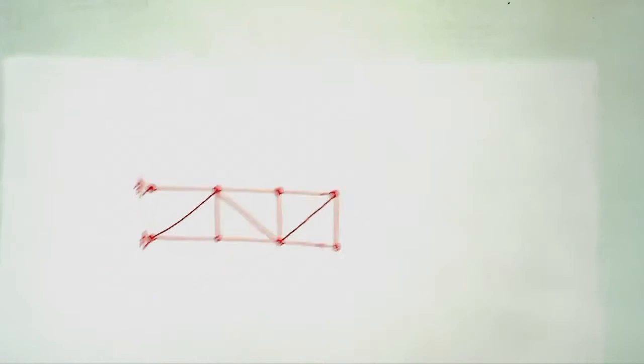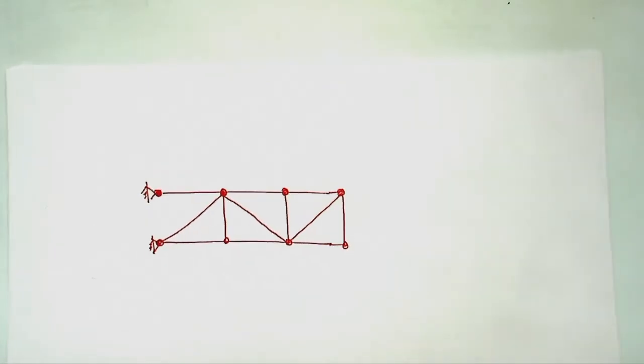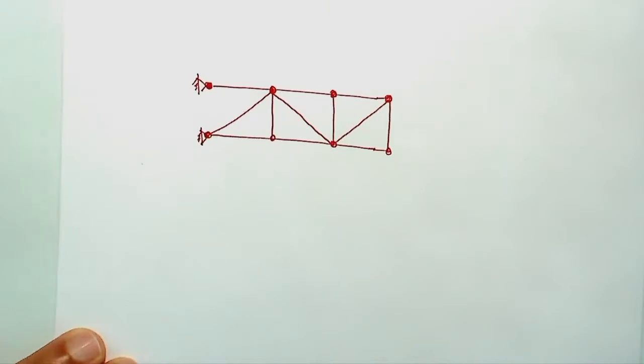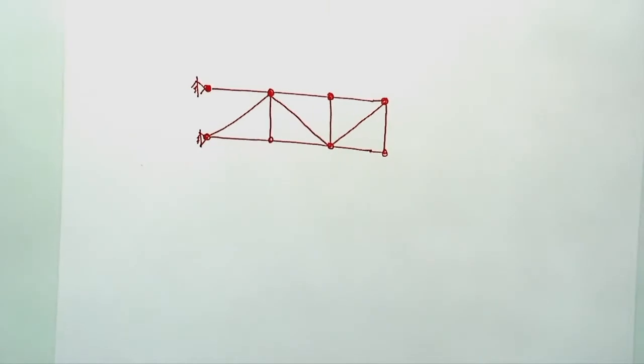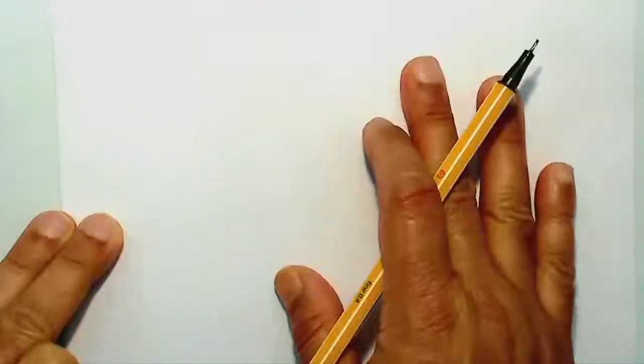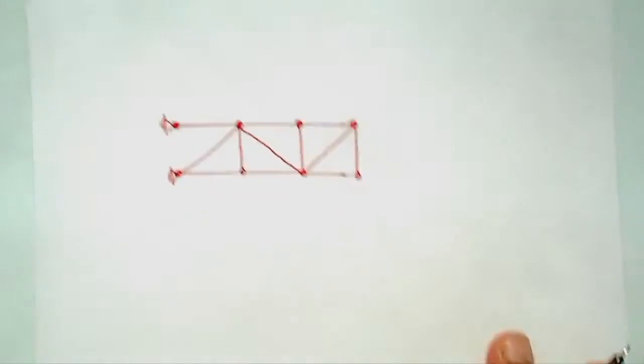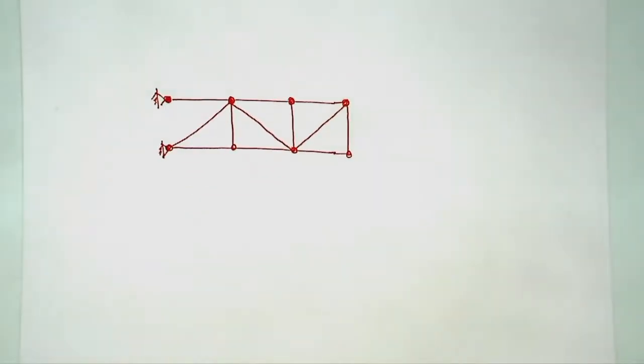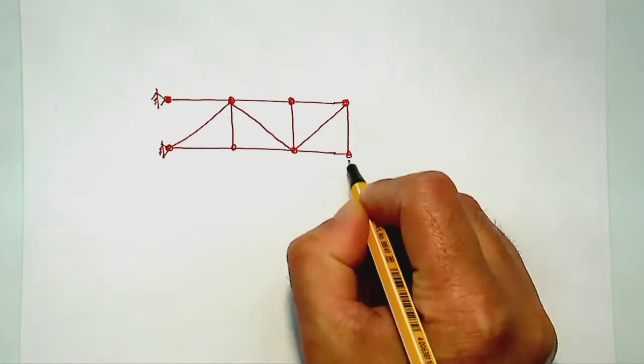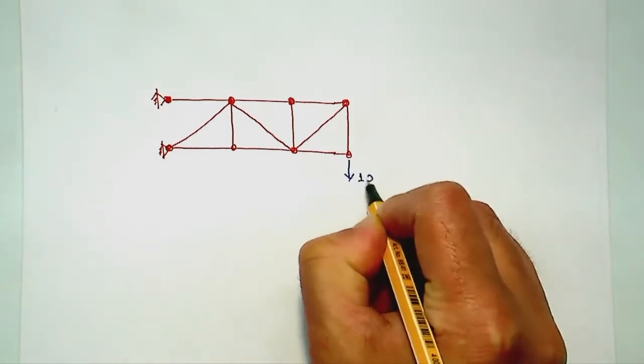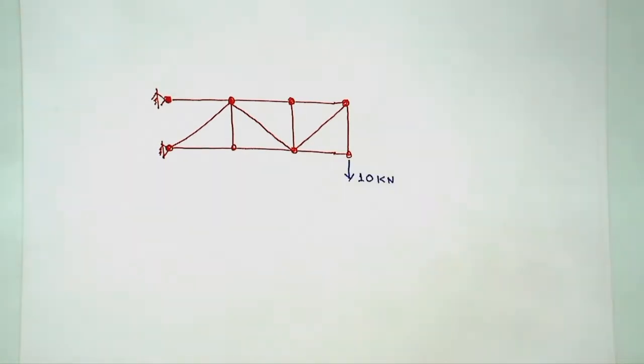Normally we have one pin and one roller, but in this case both are pinned, and we have got a force of 10 kilonewton here. So this is a 10 kilonewton force at this point.